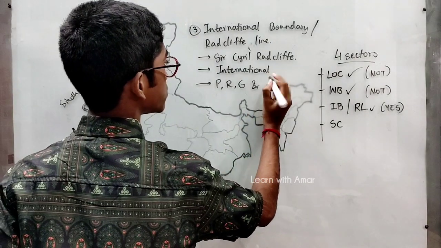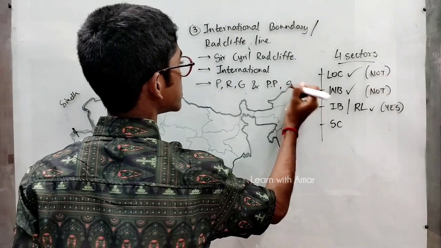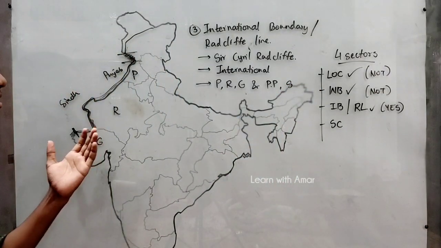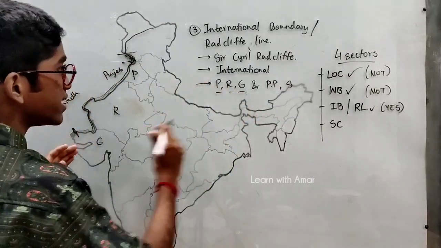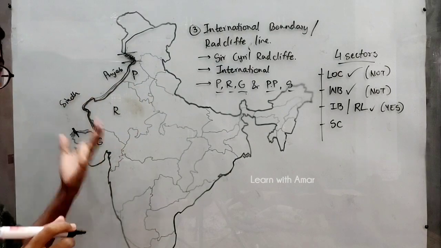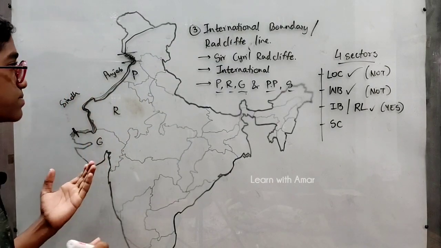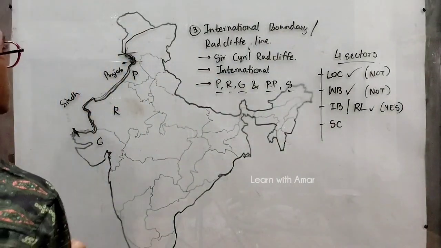So Pakistani Punjab and Sindh provinces in Pakistan. Alright, these three states, Punjab, Rajasthan, Gujarat in India, and Pakistani Punjab and Sindh provinces in Pakistan. Alright, that's it. Nothing much to discuss about this line.